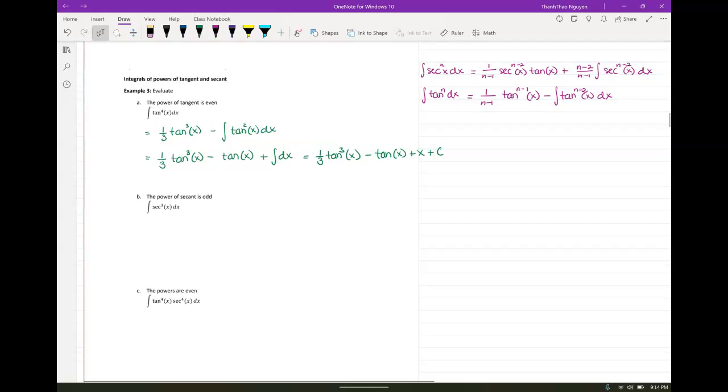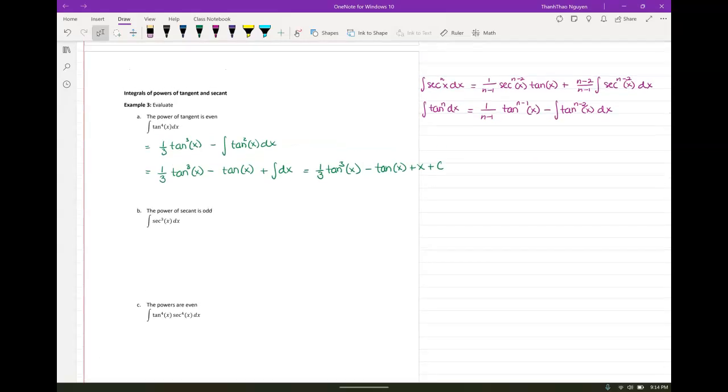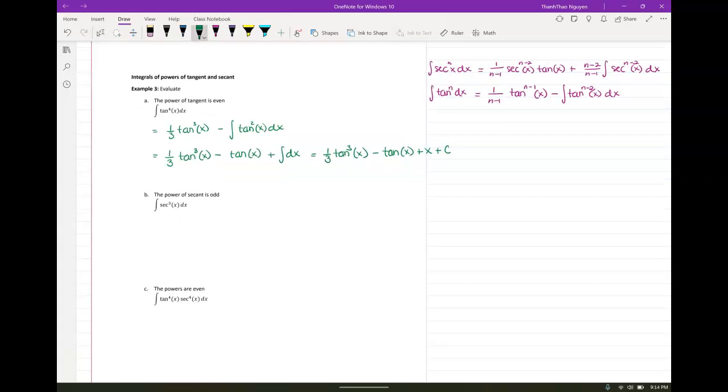Now let's say we don't apply that formula, and let's say the power of secant here is odd. We can rewrite this as the integral of secant squared of x times secant of x dx. So then I can apply integration by parts.